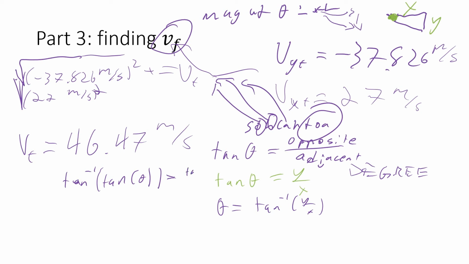And since the inverse tangent of tangent, kind of like fire and water, they put out each other, like fire boils water and water takes it out, then both of them cancel. So we just have theta equals inverse tangent of y over x.